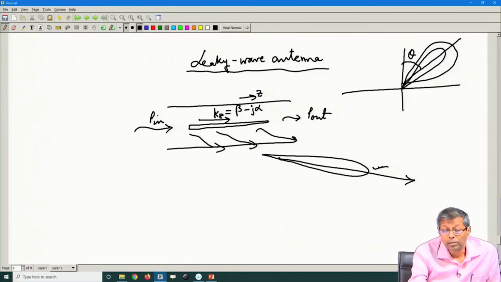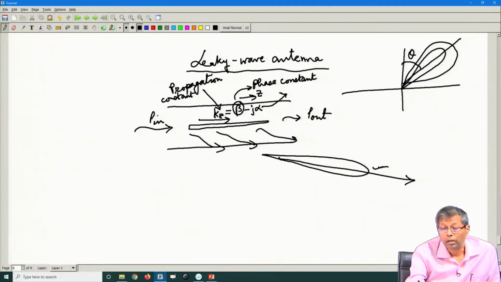This beta is the real part of the complex propagation constant, this is the phase constant, and this alpha is the attenuation constant.